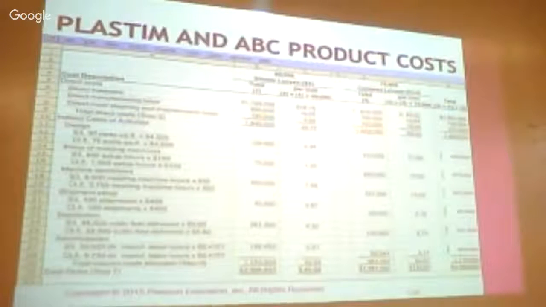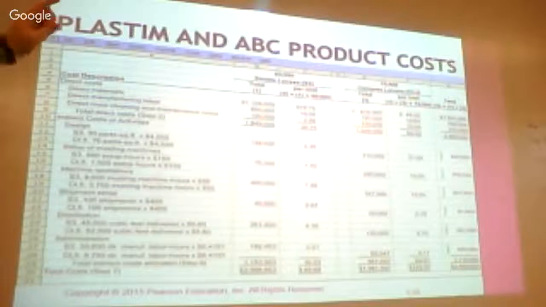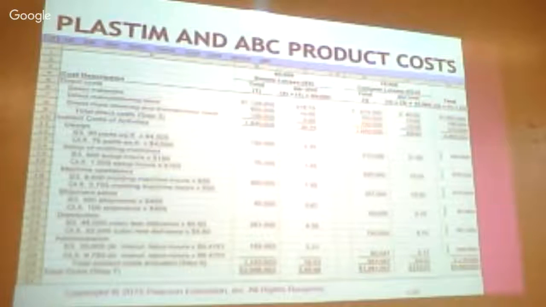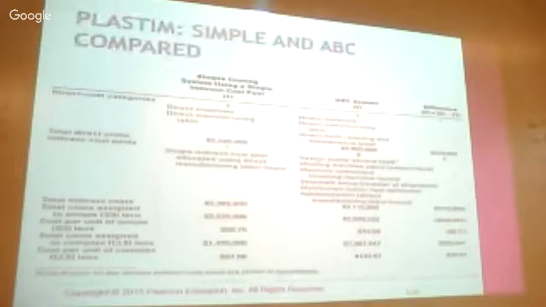We were over allocating the simple by what, $7, $8, $9, and under allocating by over $30 for the complex lens. That's a big issue, isn't it? So what does that tell you they were doing? They were undercharging for complex and overcharging for simple. We're not charging enough for complex. We're charging too much for simple.